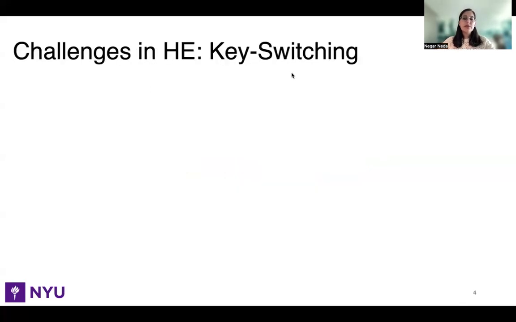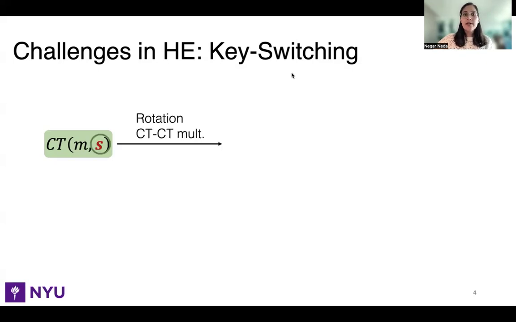But when we deep dive into the homomorphic encryption algorithm, we find this workload named key switching that looks to be the bottleneck of homomorphic encryption. What's key switching and where has it been used? So in homomorphic encryption, we have a ciphertext that encrypts a message M under a key S. Whenever we do rotation or ciphertext multiplication, we end up with another ciphertext that's now encrypted under a different key S prime.